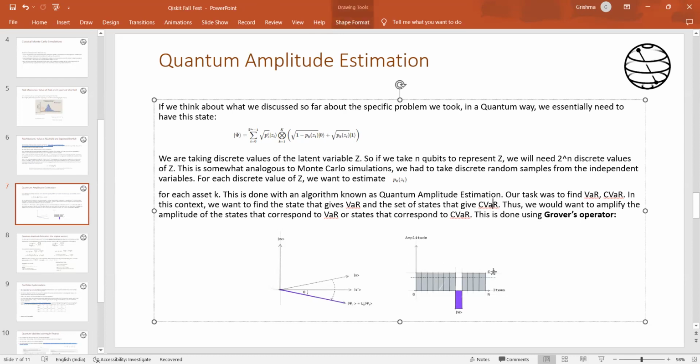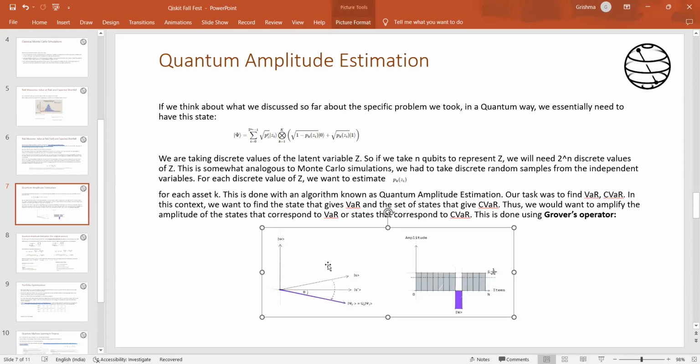So the idea of Grover's algorithm is to identify that bunch of states or that single state. A bunch of states for something where you want to find the expected shortfall or an average of losses, and value at risk is the single loss combination that you would want.